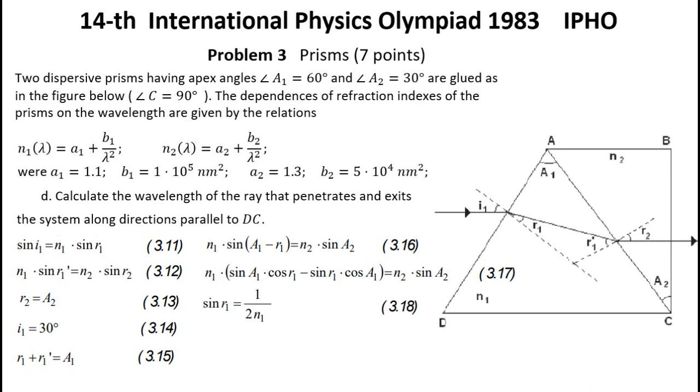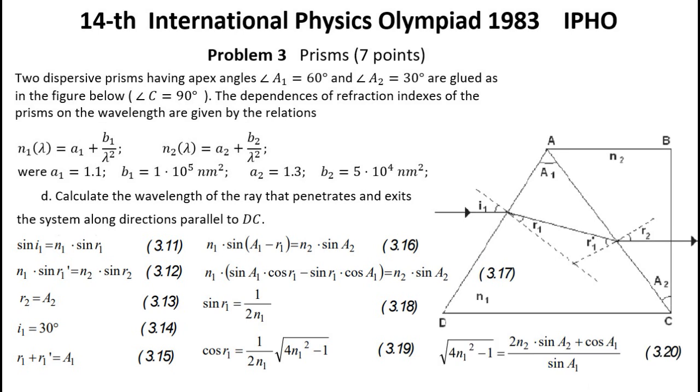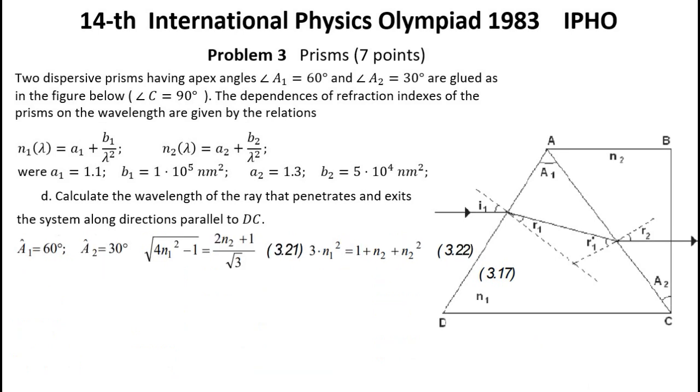because of 3.11 and 3.15 it results that 3.18 and 3.19. Putting together the last three relations it results in 3.20. Because angle A1 is 60 degrees and angle A2 is 30 degrees, relation 3.21 can be written as this expression, or as expression 3.22.